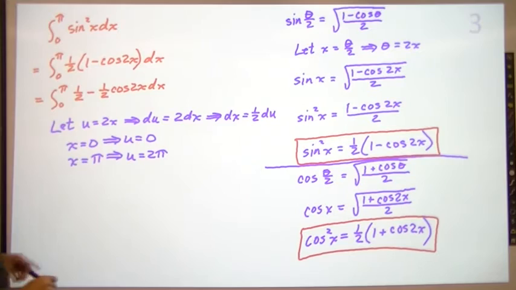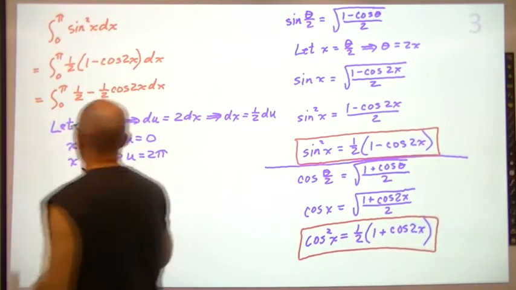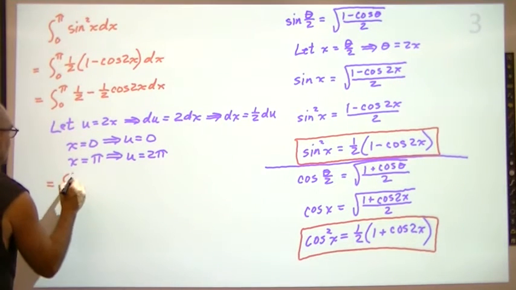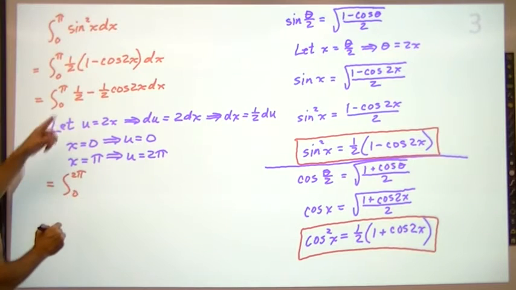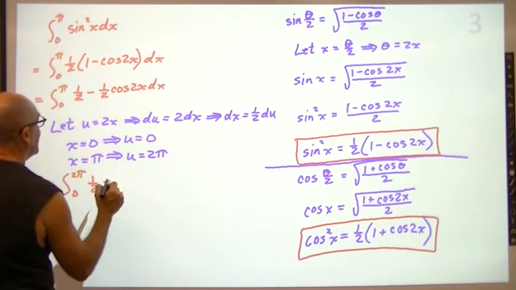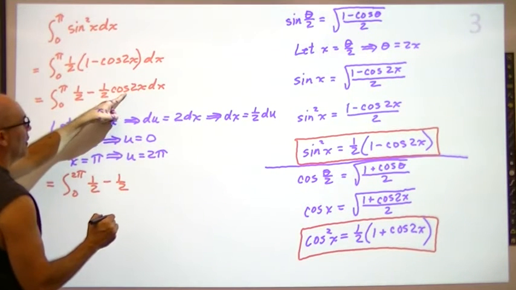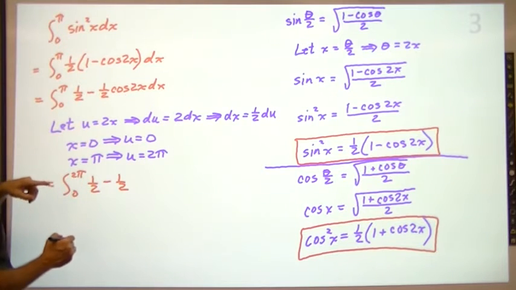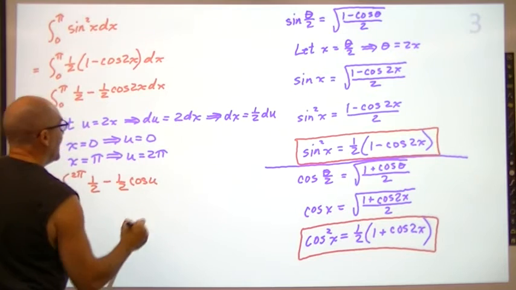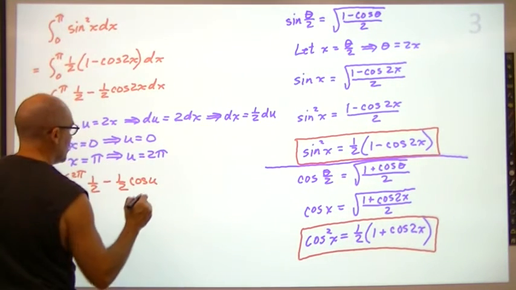Okay, so now my new integral with the u's in it becomes the integral from 0 to 2 pi of 1/2 minus 1/2, now cosine 2x becomes cosine u, and the dx becomes 1/2 du.